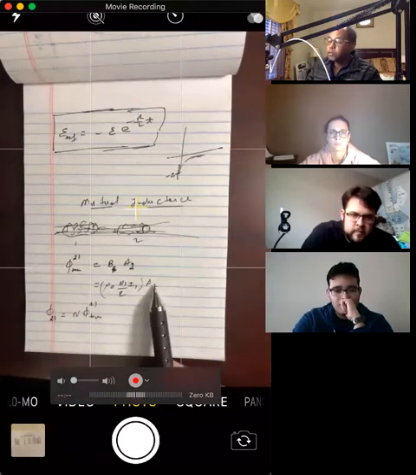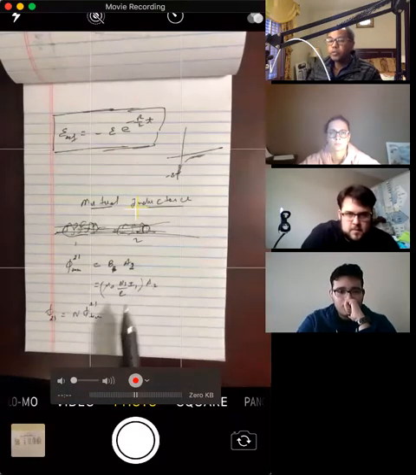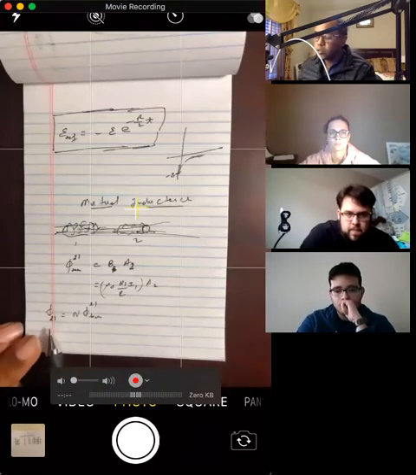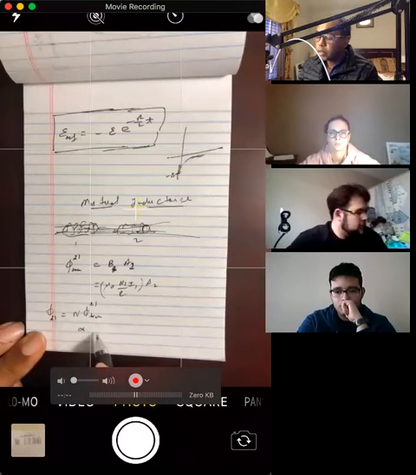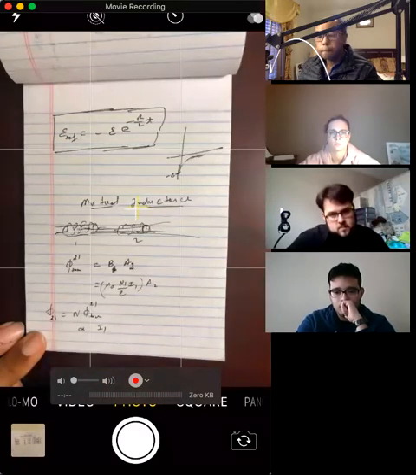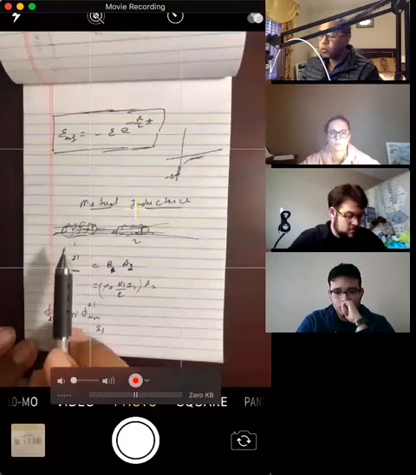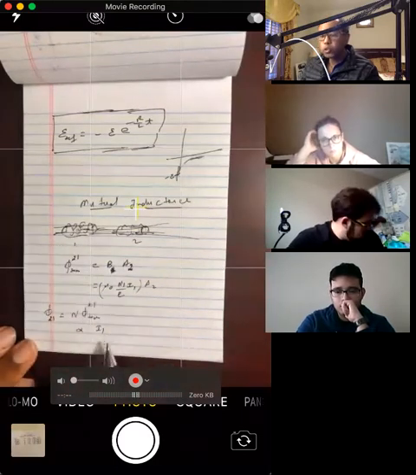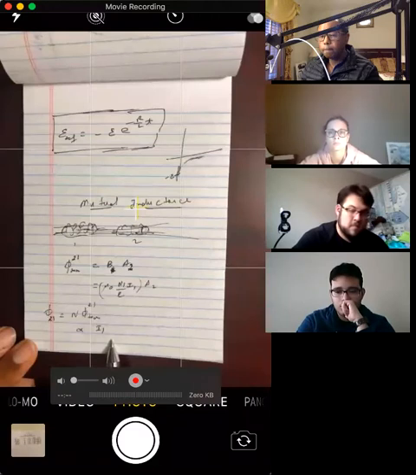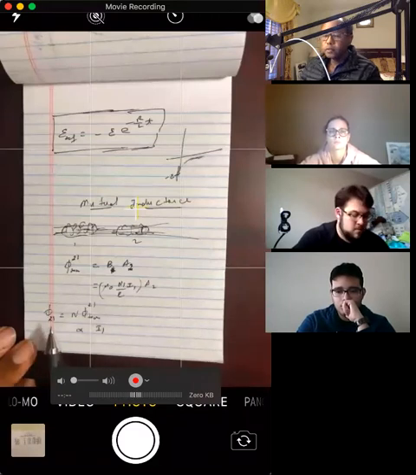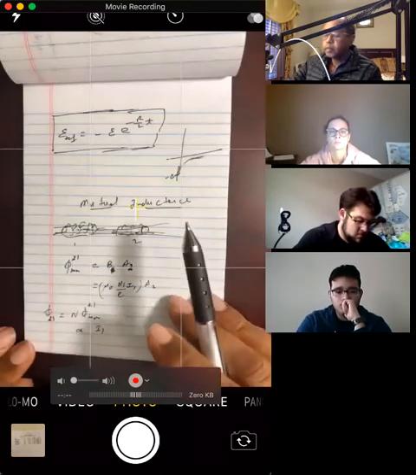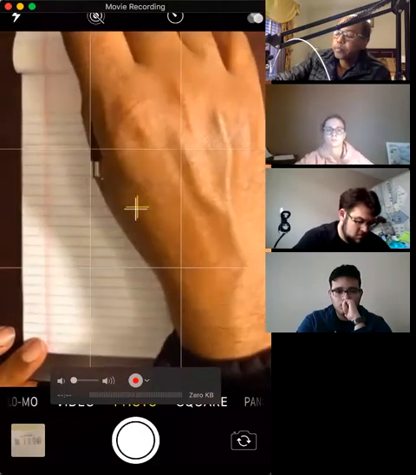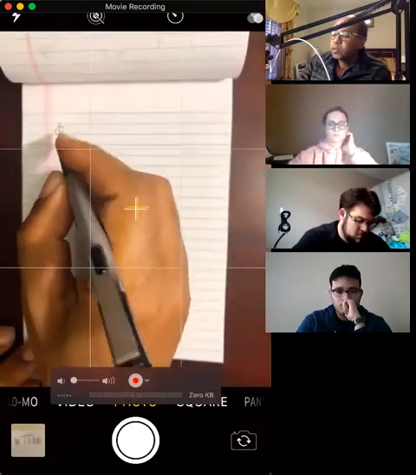You can see over here, all these are constants. The number of turns, the area, and so on are constants. So we see that the flux on 2 by 1 is proportional to the current in 1. That means the ratio between the flux on 2 by 1 and the current in 1 is a constant.